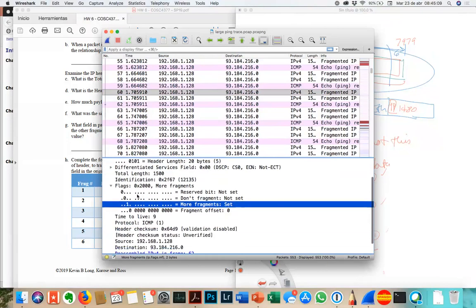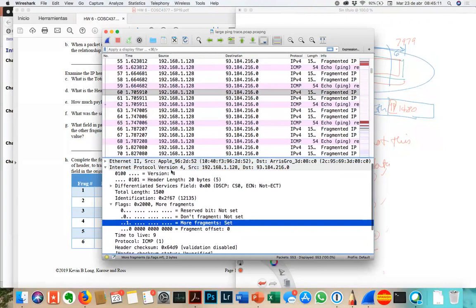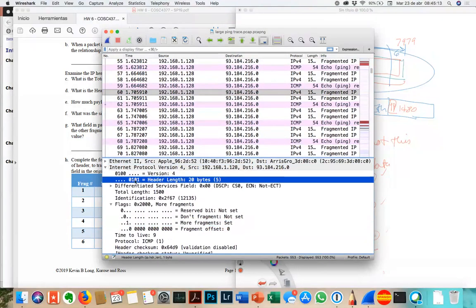If I look at the header length, it's the binary number 5. 101 is 5. But it's a field where I didn't have enough bits to specify 20, so I force the header into a multiple of 4, and then write down what that number is here. So 5 here represents 5 quartets.